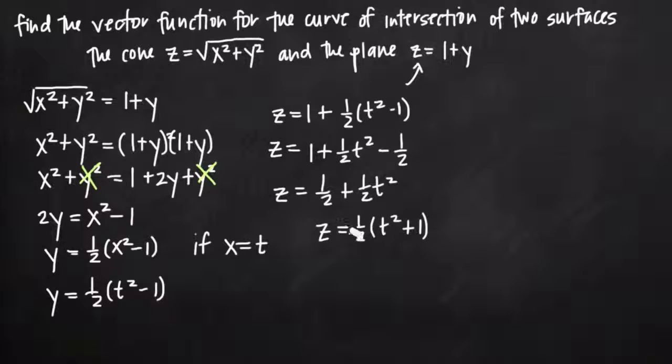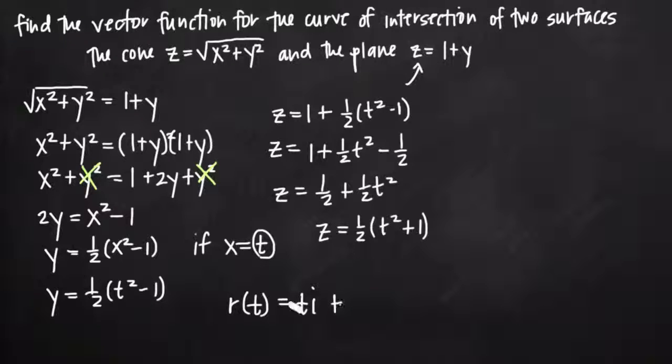I want to write my final answer including i, j, and k components, so for my vector function, I'm going to write r of t, a vector r defined in terms of the parameter t. Here's what that's going to look like. We're just going to take each of these values that we found and multiply by their associated i, j, and k component. My coefficient for x is t, so I make it the coefficient on my i component, so I get t times i.